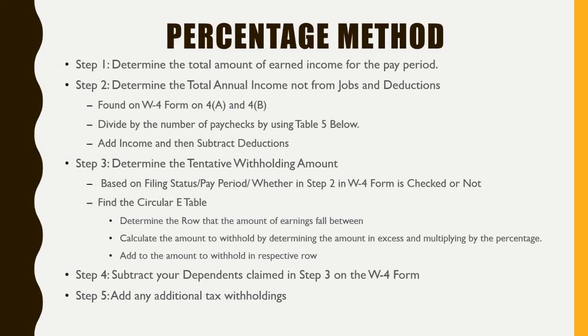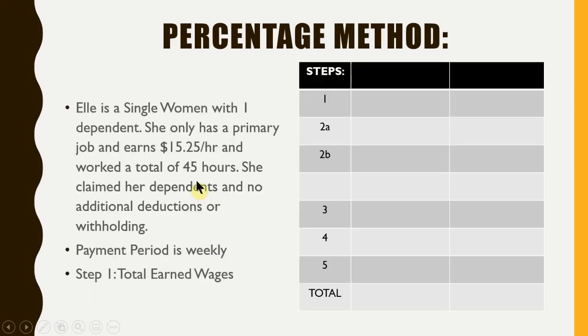Once you add that extra amount and deduct whatever you need to, you're going to get your adjusted gross wages. This is where we need to determine how much tentative withholding we are going to do. In this case, it's going to be based on the filing status, and we're going to use the Circular E table. So, let's go ahead and dive right into the example we have here.